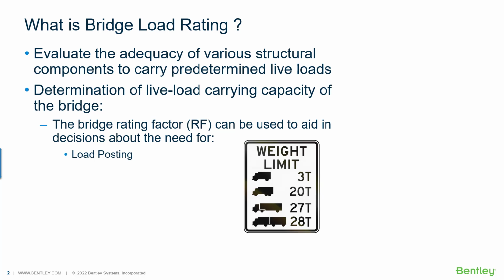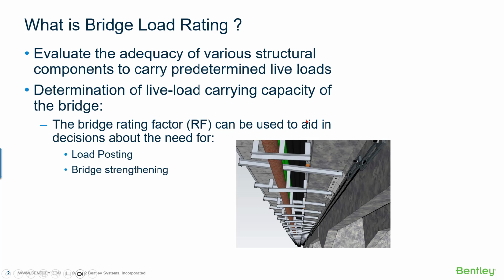So, for instance, to put a post limiting the weight of the truck crossing the bridge. It can also be used to forecast what the strengthening of the bridge should be.